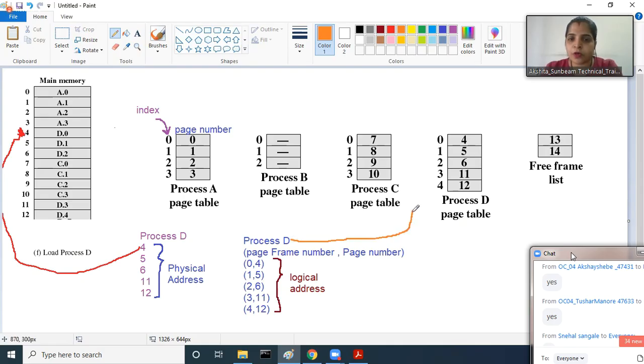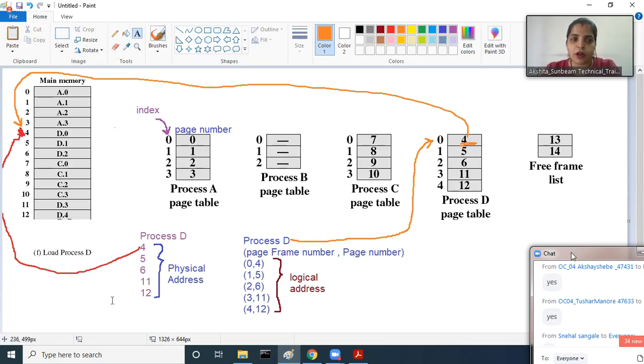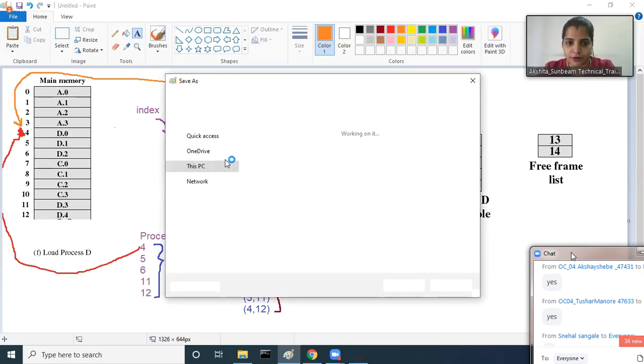It will go to process D, it will go to page number 0, it will observe this is the physical address, and ultimately where will it go? Will it point to the same memory location? So here this is called direct access of memory through the physical address. This is indirectly I'm accessing it. So when I access any location in an indirect way, we call it logical addressing. I hope you have understood the meaning of physical and logical addressing.